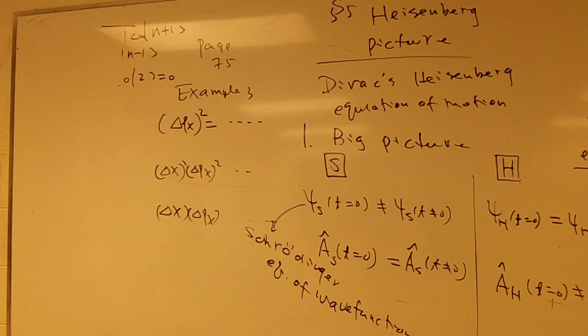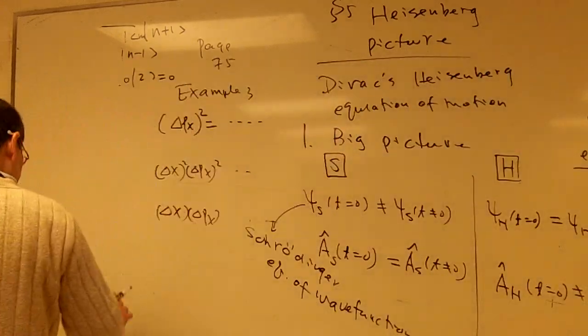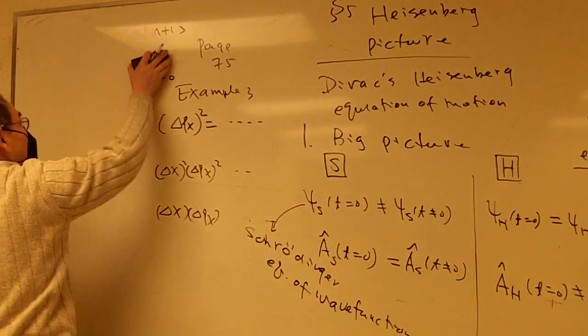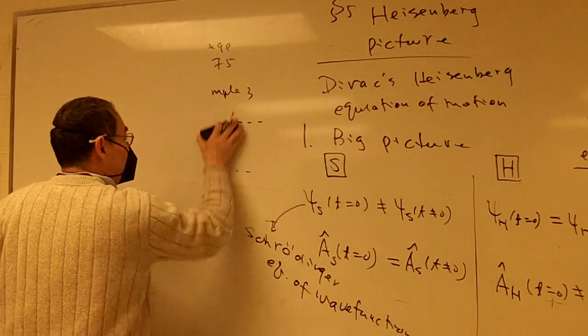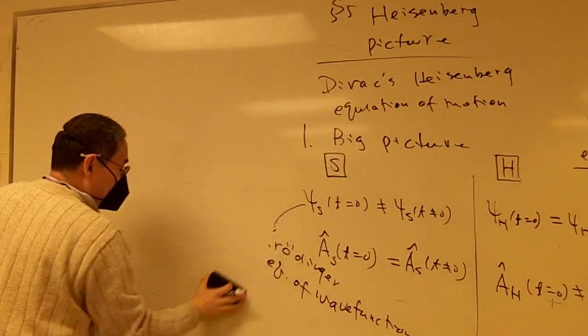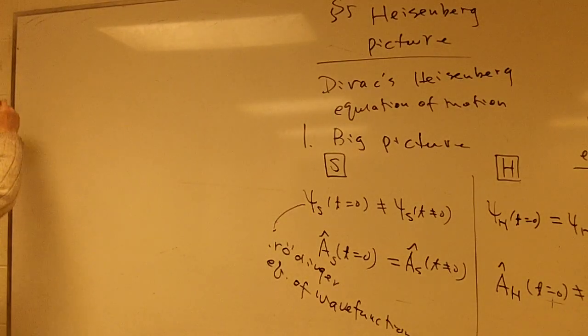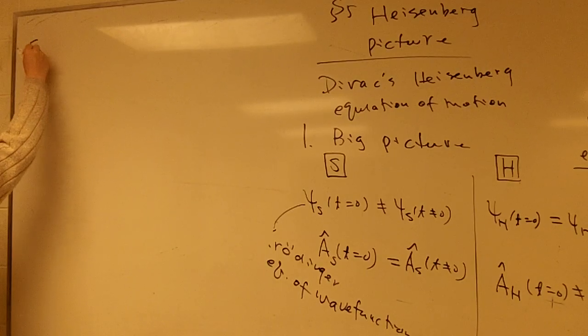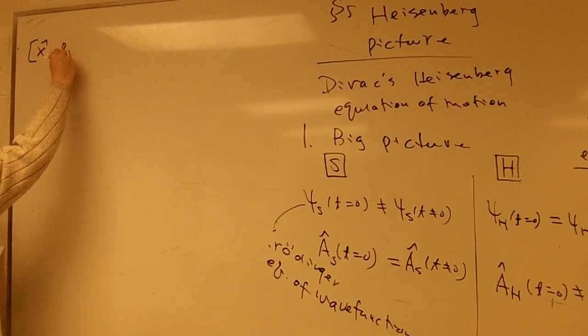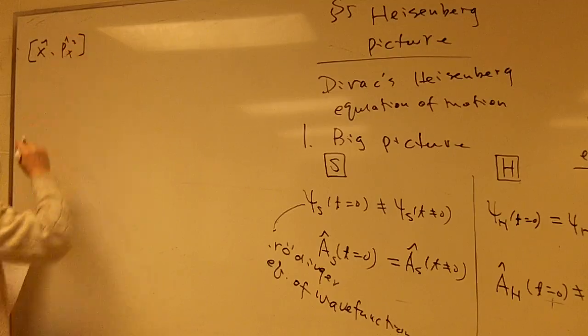Now, when you have these known commutators like this, you need to be careful, because for instance, in exams, we definitely will quiz you on this. So here is the commutator with px hat like this.